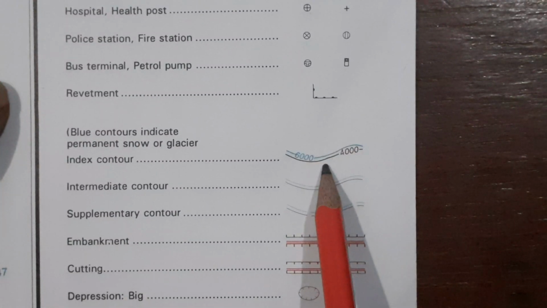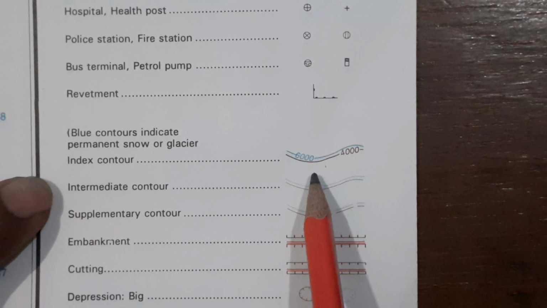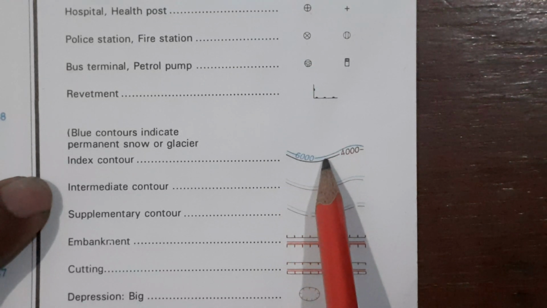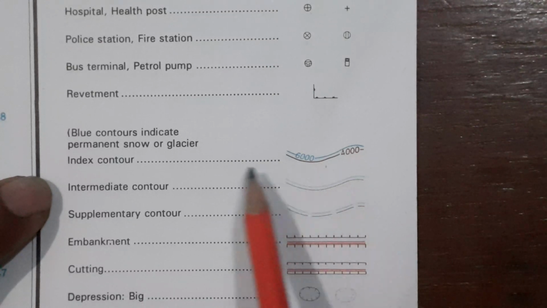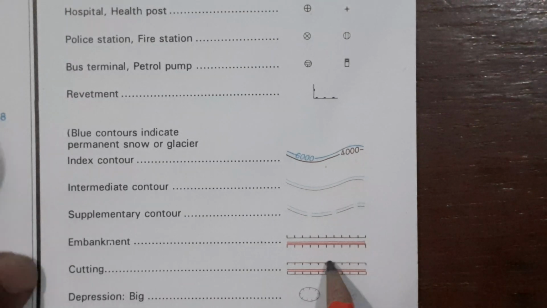and this is a supplementary index contour. And if this type of blue colored contour appears, then this shows a glacier. All index contours are represented in red.